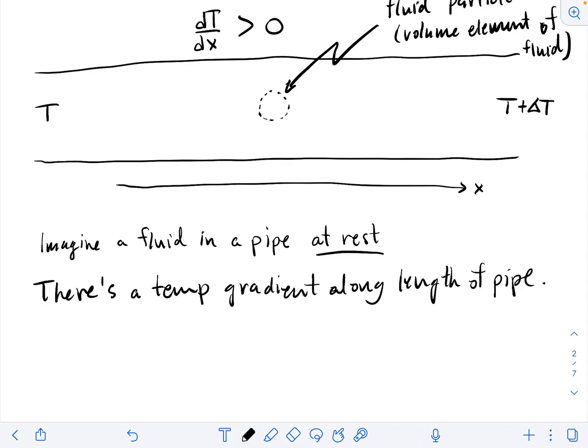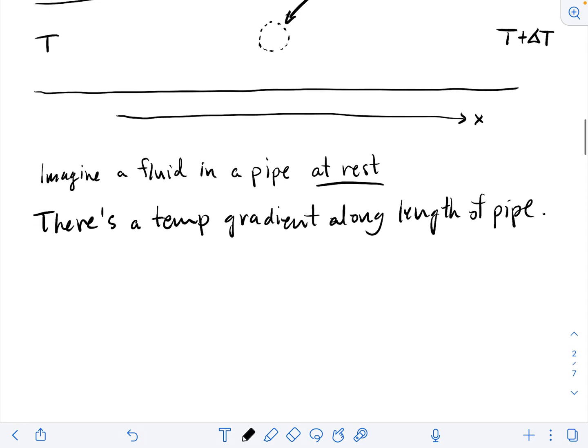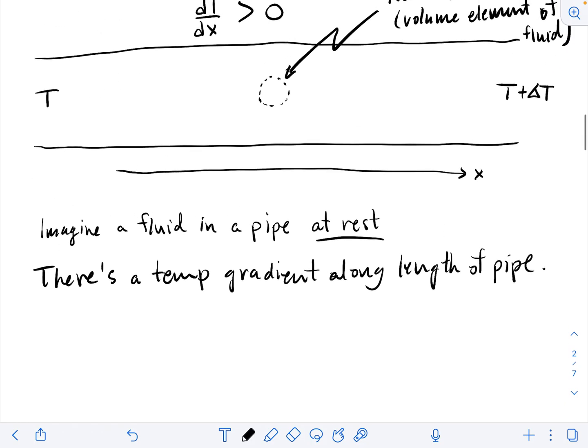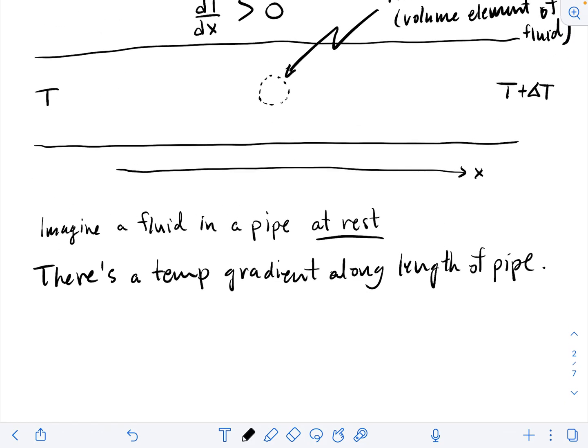But for now, let's assume that the temperature at the two ends, even though they're different, is fixed, so they're not changing in time.